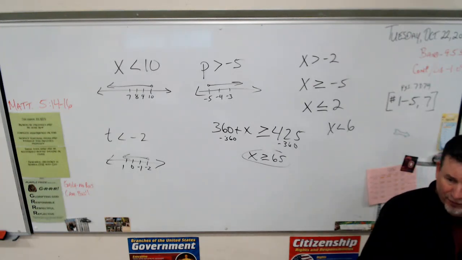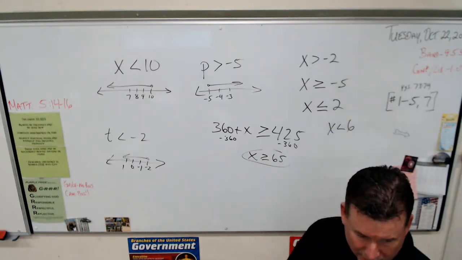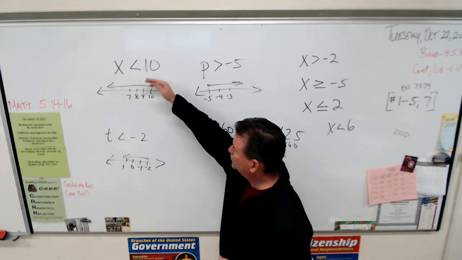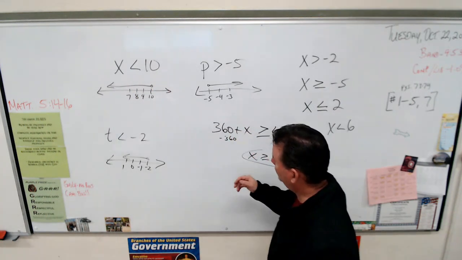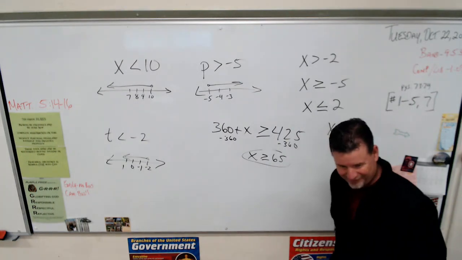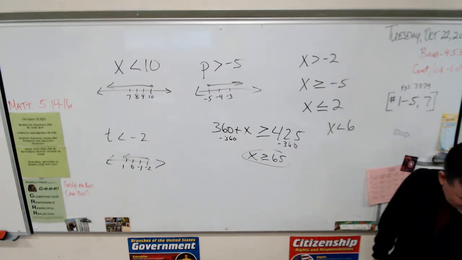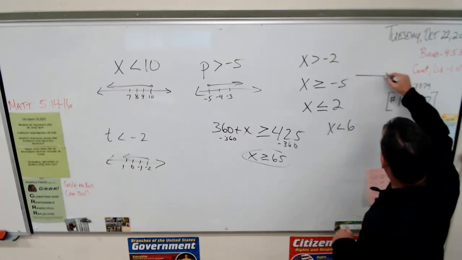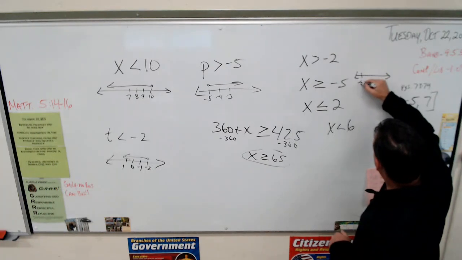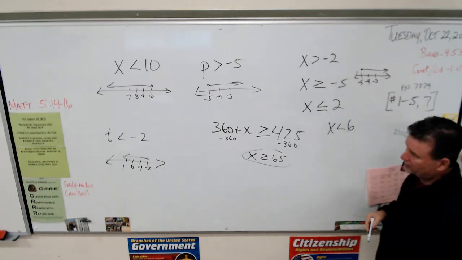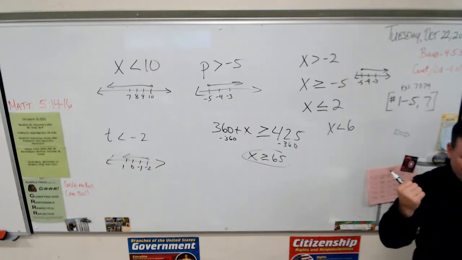And you only got to graph the first three. If it's not included, it's open. It's not equal to, it's less than 10. If it is included, it's a closed dot to show that -5 is included.